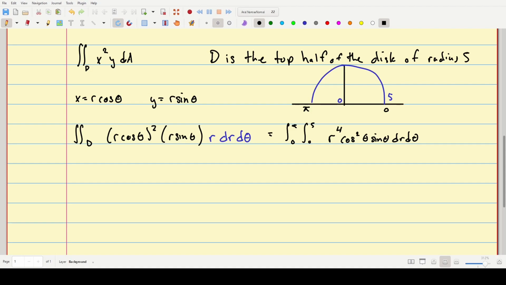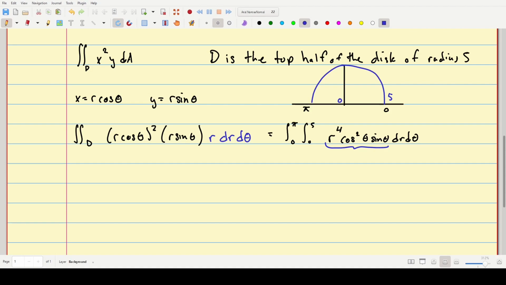Now, there are a number of things that we need to make sure that we are training ourselves to do when it comes to looking at integrands and figuring out the easiest way to evaluate them. Okay? I look at this right away and notice that the integrand is separable.